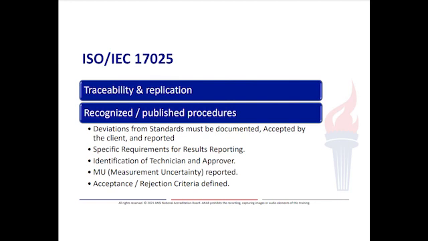And if there is any deviation from the standards that are being used, not only do they have to be documented, they have to be accepted by the client and they have to be reported as part of that test report. There are very specific requirements for how results are going to be reported to the client in terms of test report. This is one of the key things from 17025.